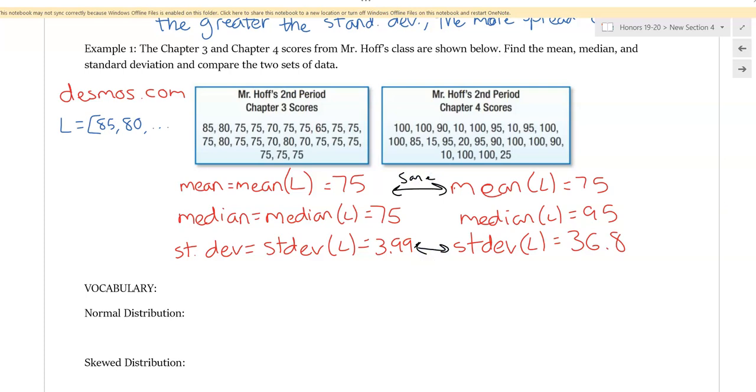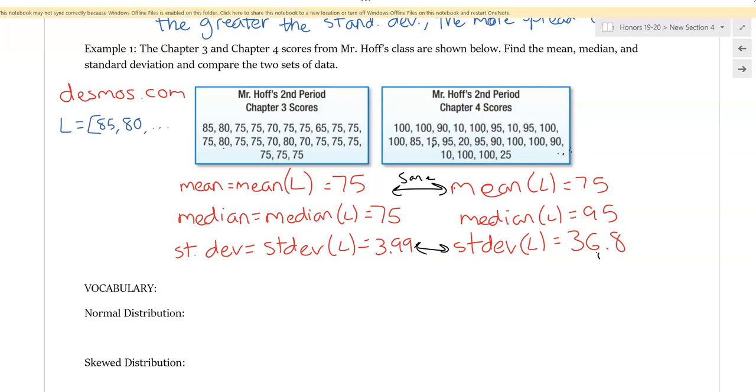If you look at our standard deviation, this set of class data is way more spread out. So while they have the same average, in this class they all got around the same score, and in this class some people did really well and some people did really badly. That's what the standard deviation tells you: these are way more spread out than these. Okay.